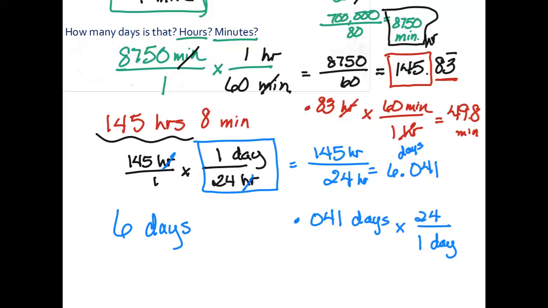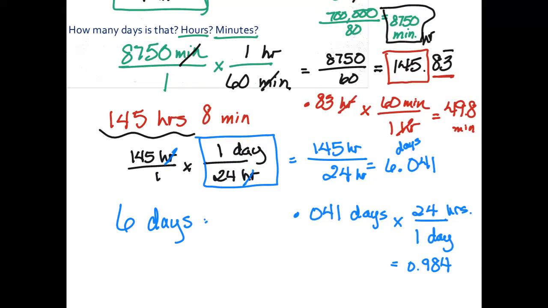What is 0.041 times 24? 0.9. Okay, not even another one, so we're not going to worry about that. So putting this together then, because this is still less than 1 whole hour, we have 6 days.